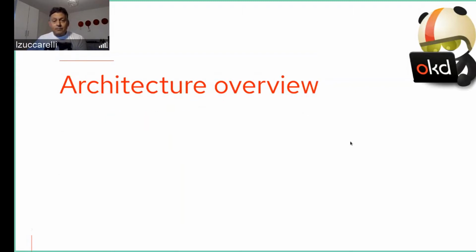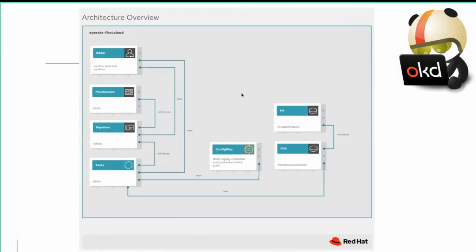So just a brief architecture overview of what we're trying to build here, and why we've used Tekton and what we're actually trying to do here. On a high level, I've got an architecture diagram just to point out the different pieces that are used in the actual build pipeline. So we have our pipeline runs over here.